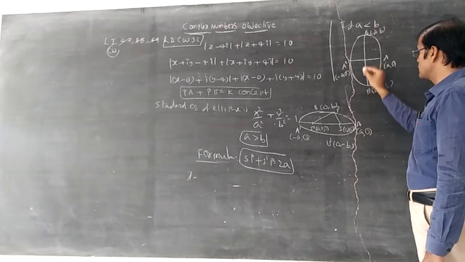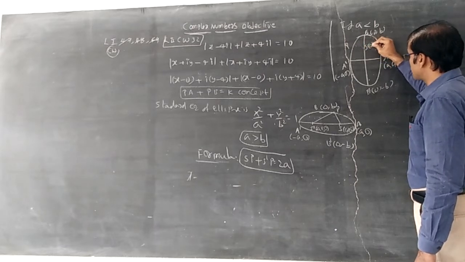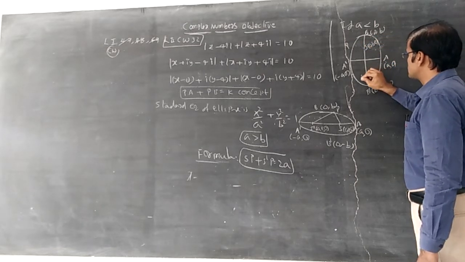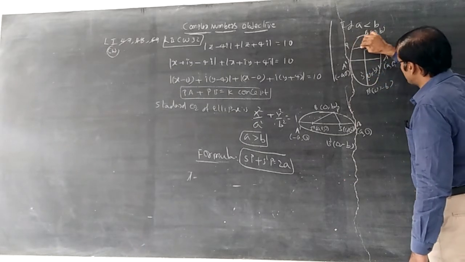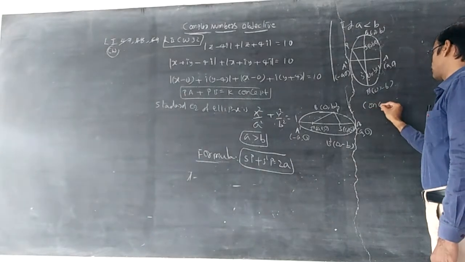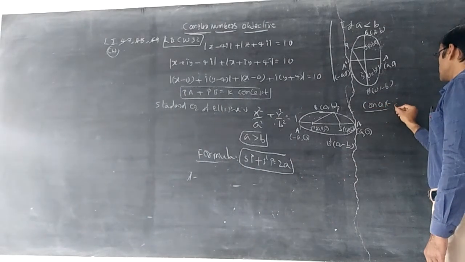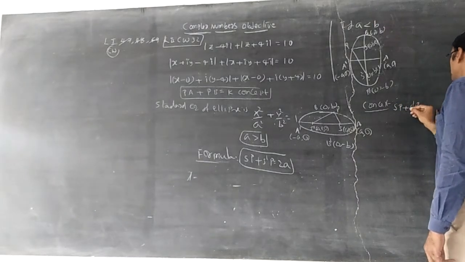Now you can understand the concept. Here this is P, this is S (0, B), and this is S dash (0, minus B). Join like this. Now you can understand the formula.